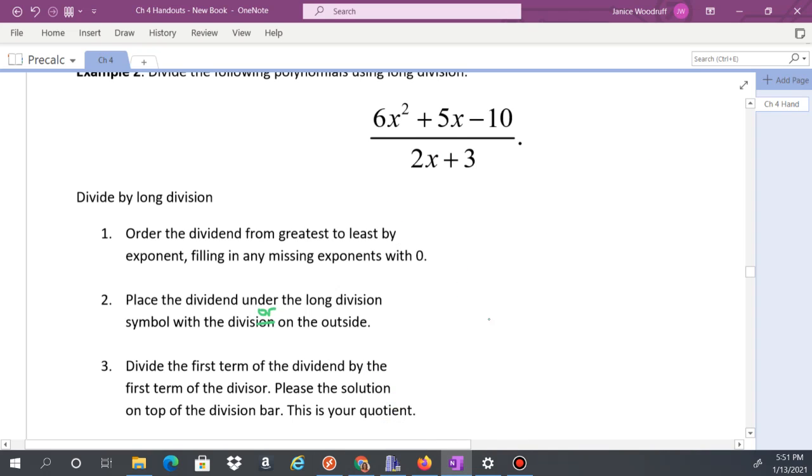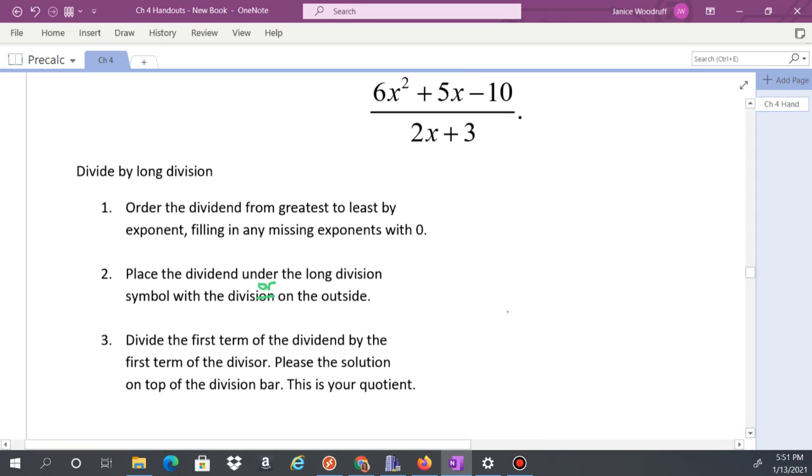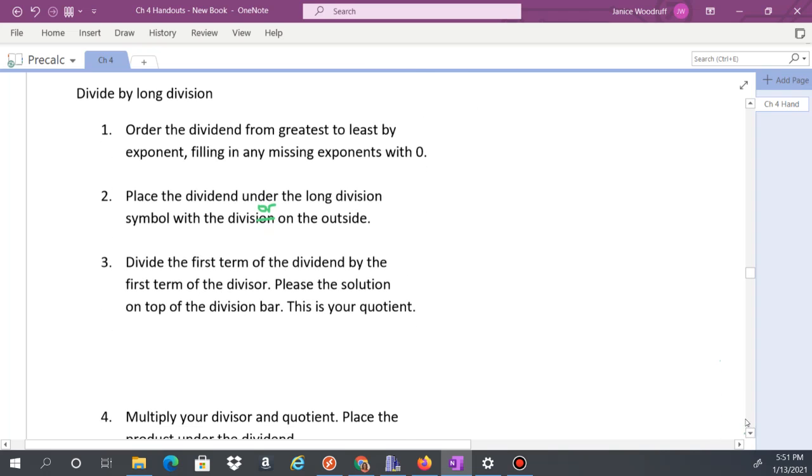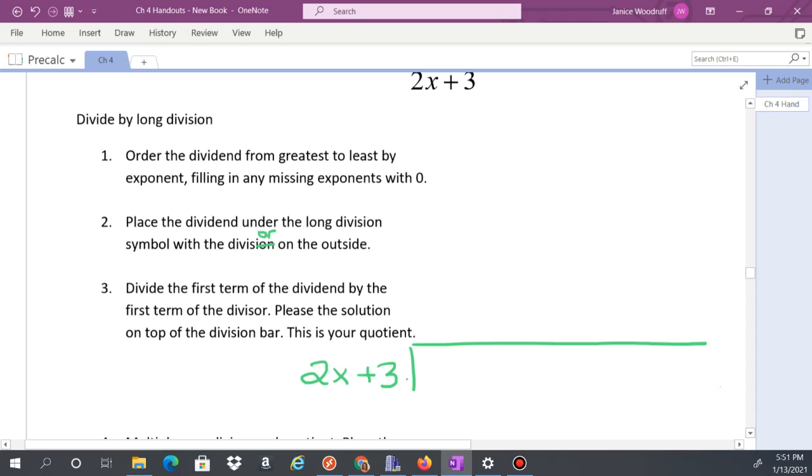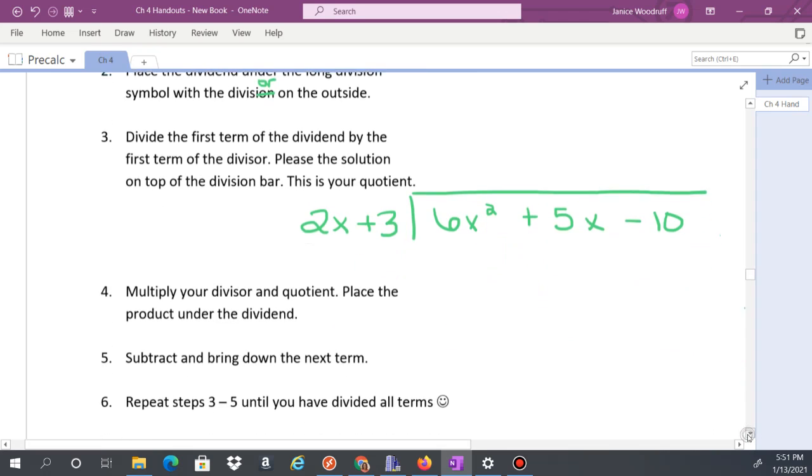So I'll write it down here: 2x plus 3, and then 6x squared plus 5x minus 10. Okay, so we're set up.